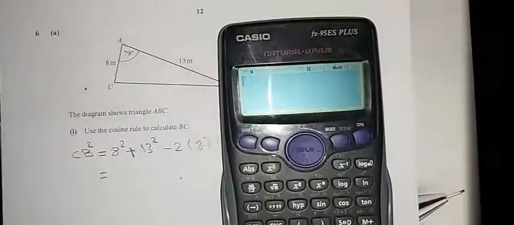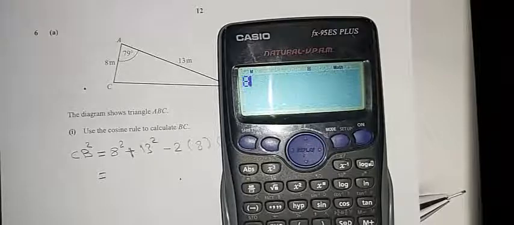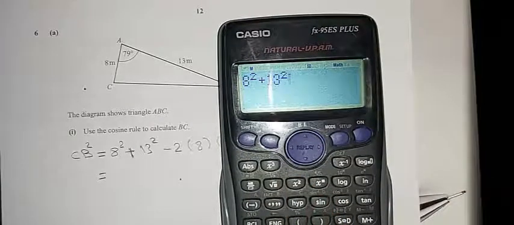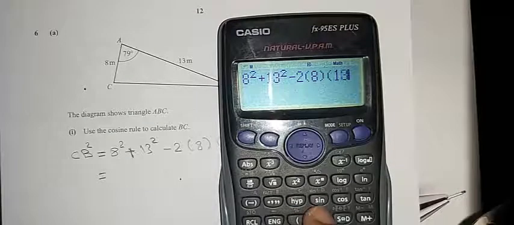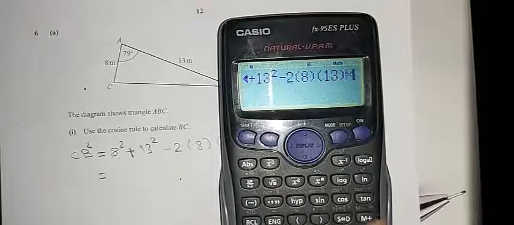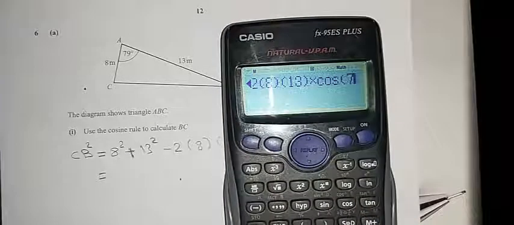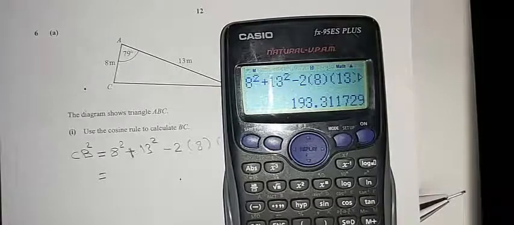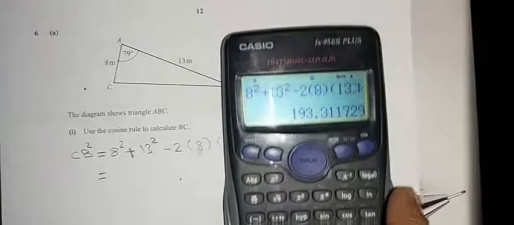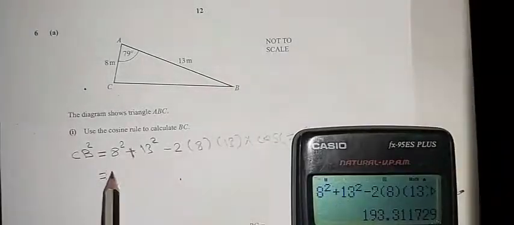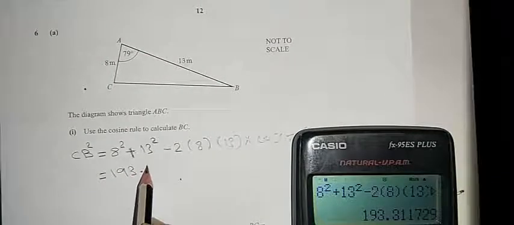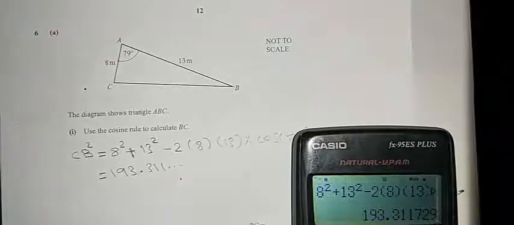We will calculate it here, 8 squared plus 13 squared minus 2 times 8 times 13 times cosine 79, this equals 193.311 and so on.